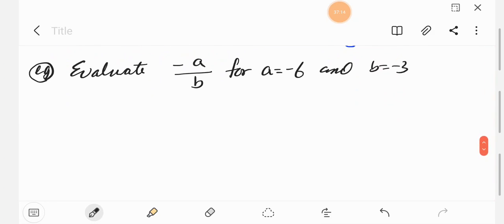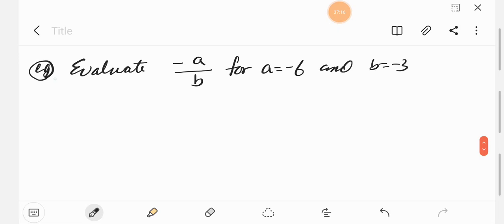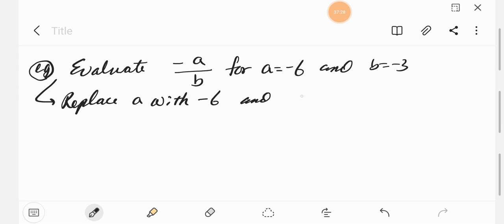When you evaluate an expression, what do we do first? First, replace, right? Replace the variable a with what? The given number, negative 6. And replace b with what? Negative 3.